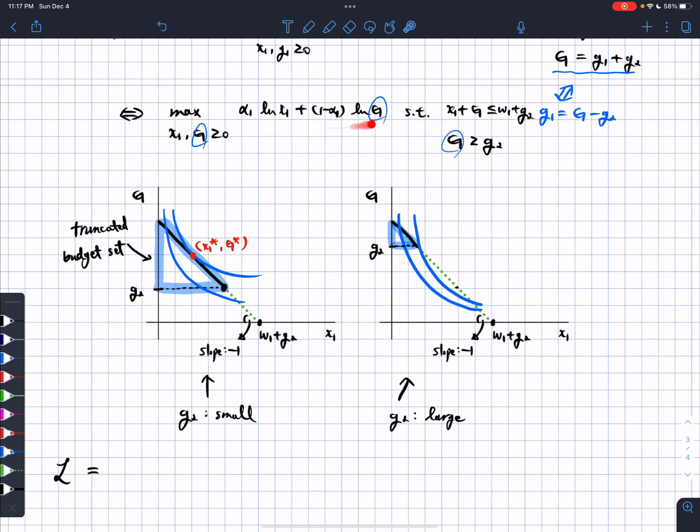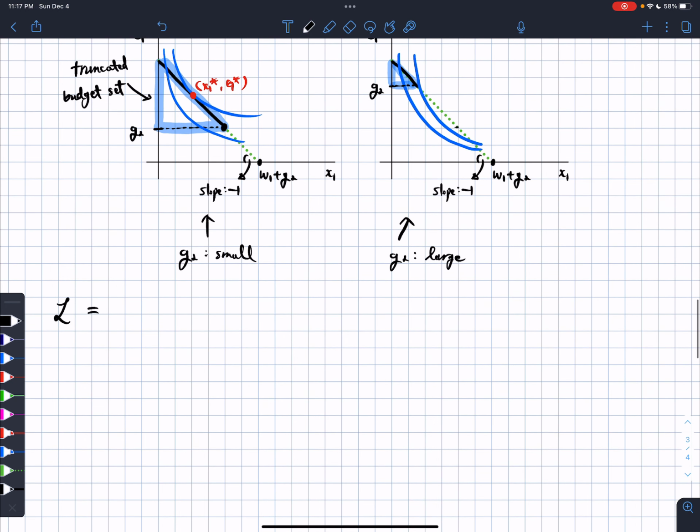First, I need to write down this objective function and these two constraints in the Lagrangian. So first, the Lagrangian multiplier for the first constraint.